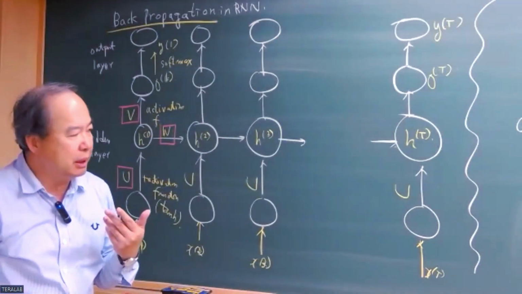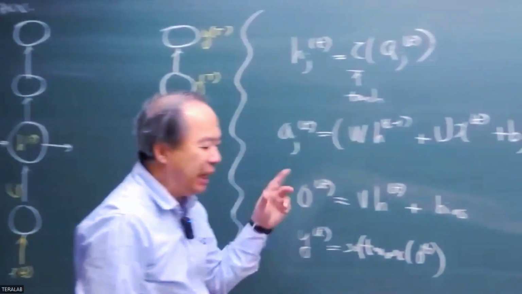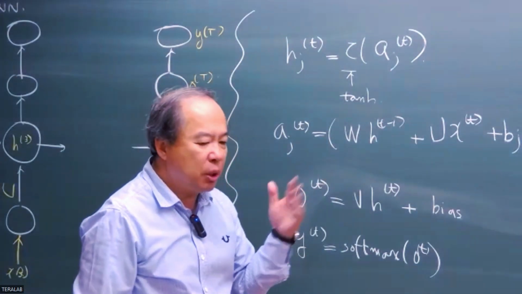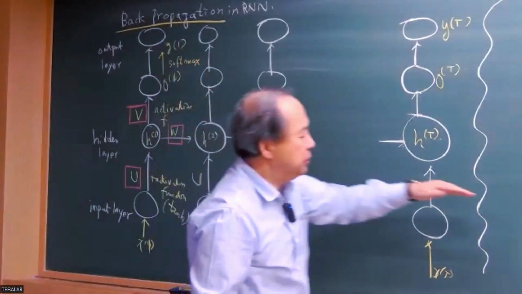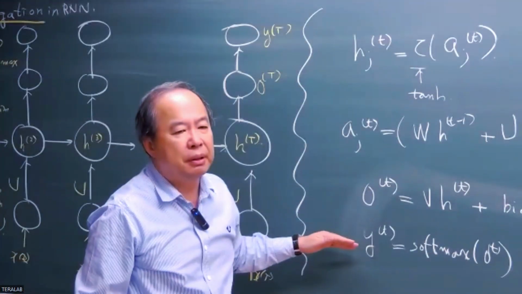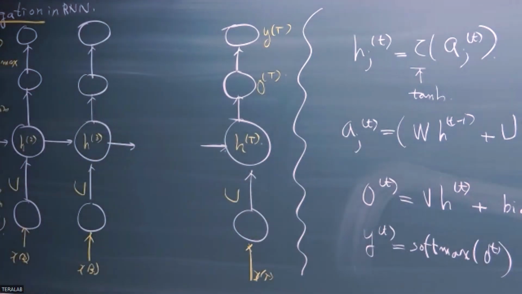Softmax of OT means that our output vector OT will be regularized so that the summation of all these y vector elements should be equal to 1. Later on, I'm going to explain further.